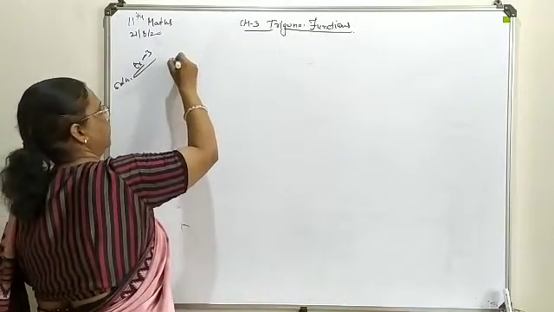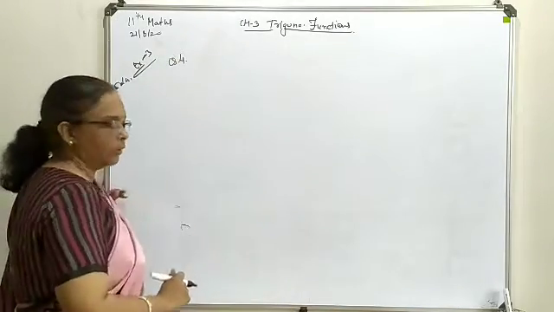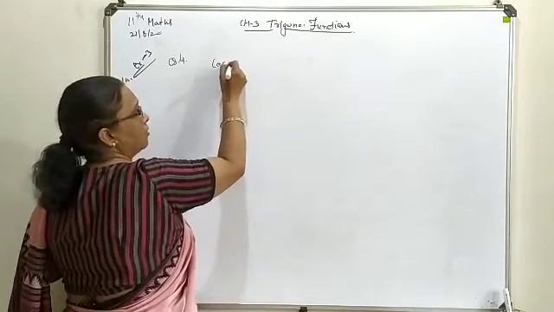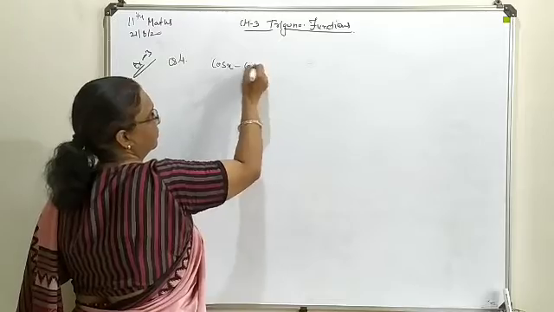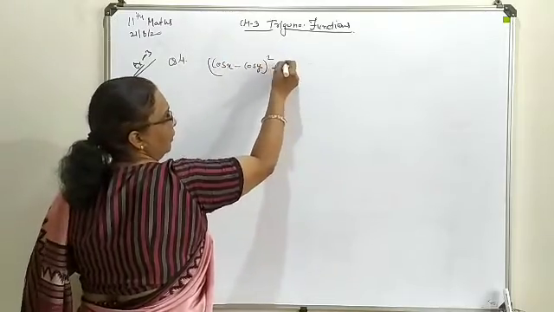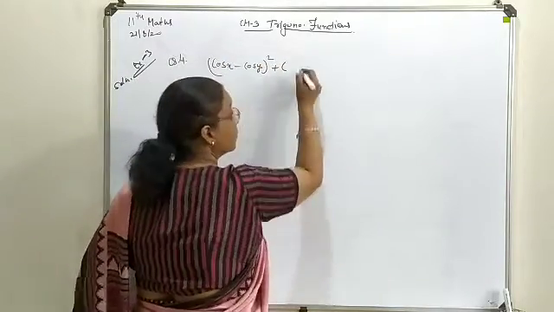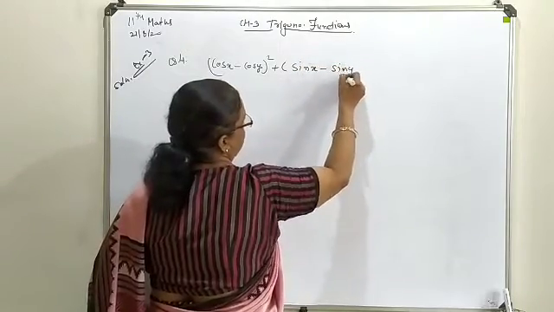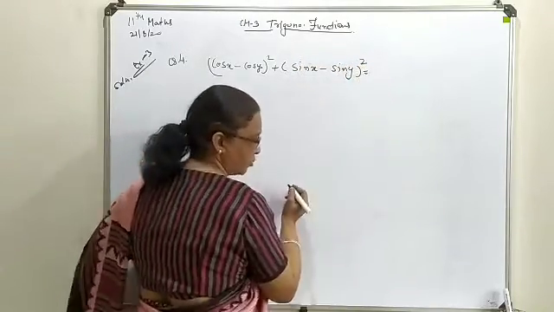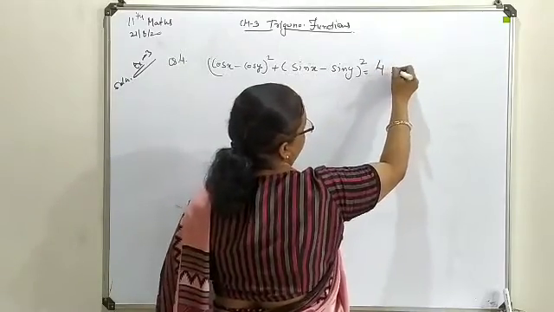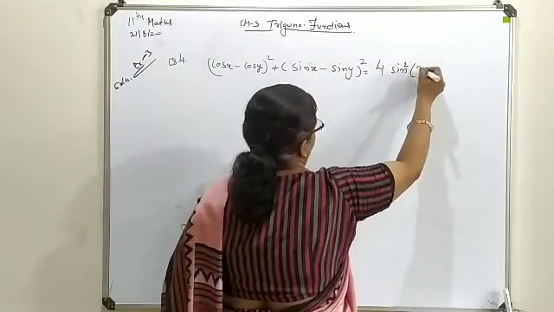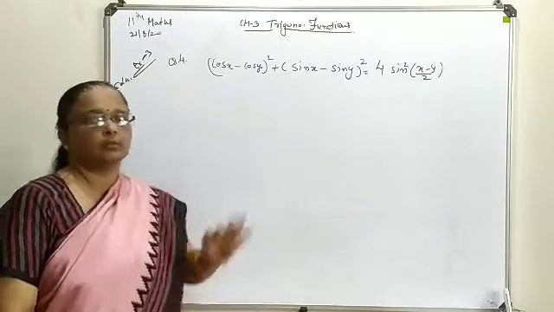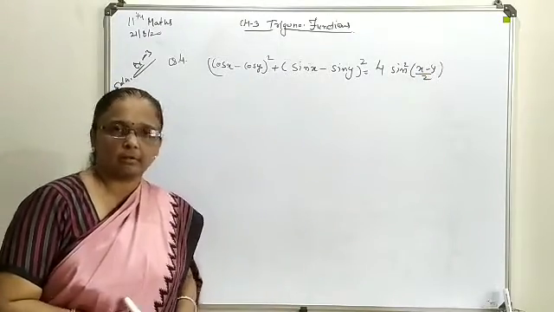In the fourth one, the question given is (cos x minus cos y) plus (sin x minus sin y) whole square, and it is to be proved as 4 sin square of (x minus y) upon 2. Only a single term we have to generate anyhow.